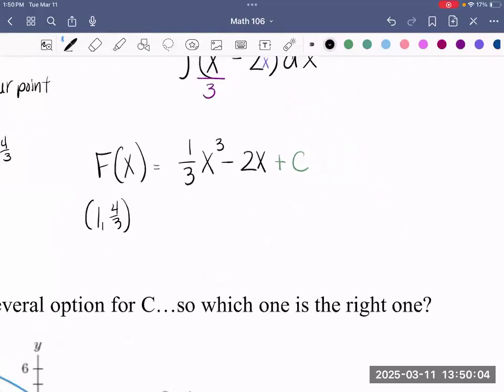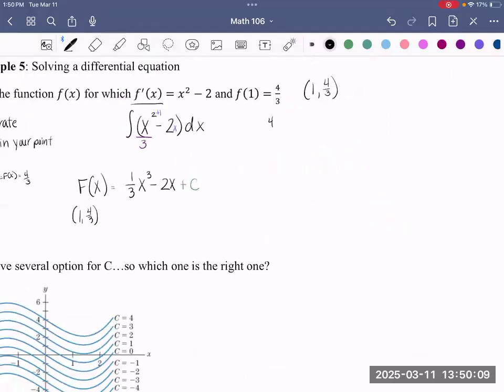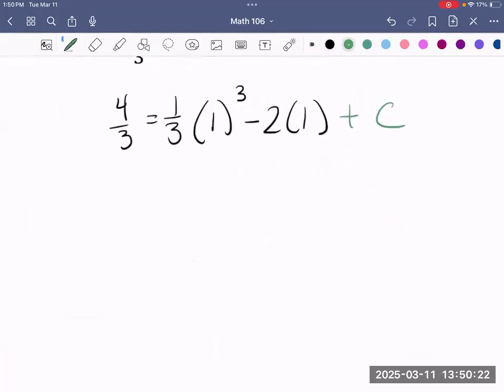So let's go ahead and do that part. We have 4/3 is equal to 1/3 times 1 cubed minus 2 times 1, and then you still have your plus c. So go ahead and solve for c here.